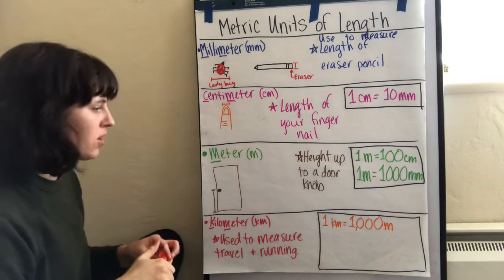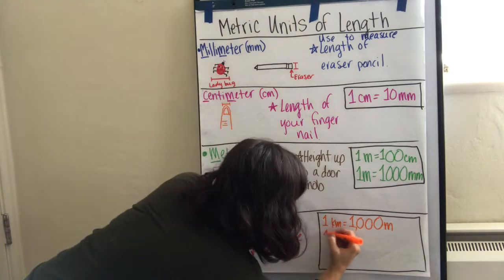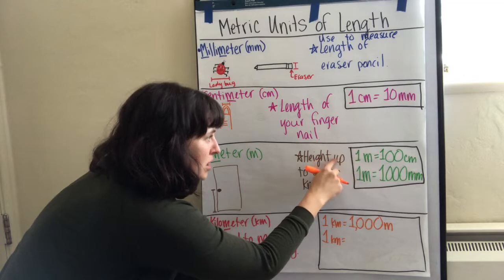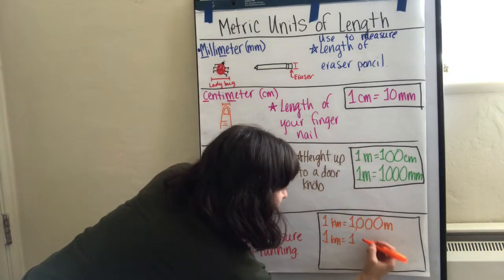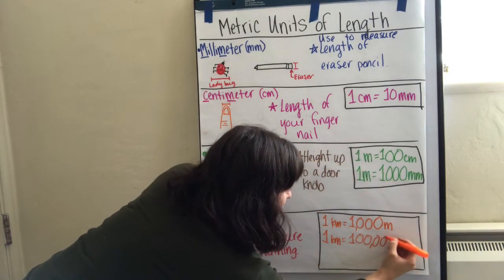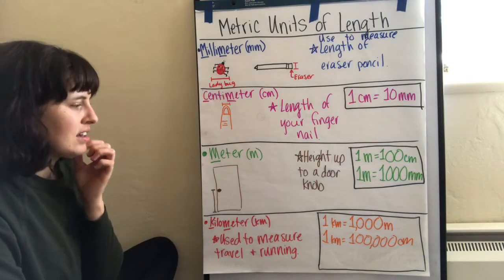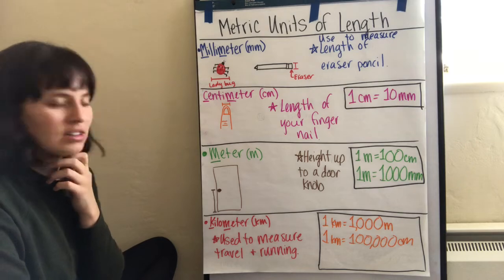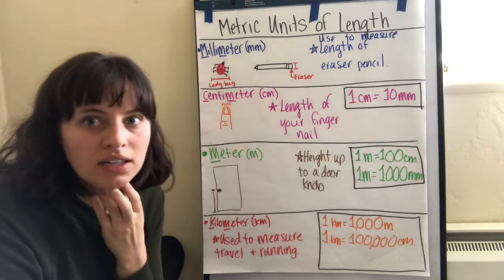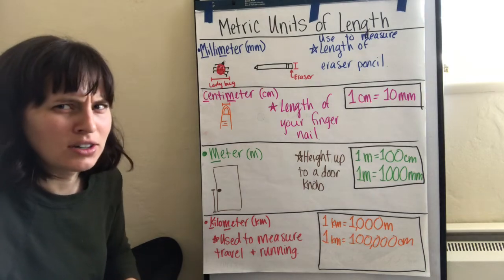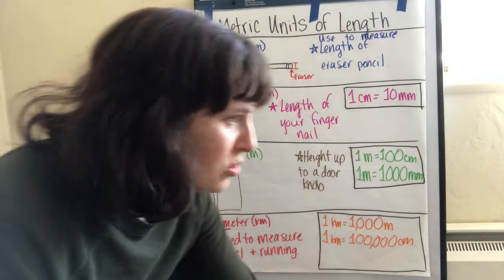It's a lot. It's kind of far. If 1 kilometer is 1,000 meters, it is 100,000 centimeters. And if it's 100,000 centimeters, it's like 1,000,000 millimeters. But we won't worry about writing those because we don't ever really need to convert that into each other, so that's fine.